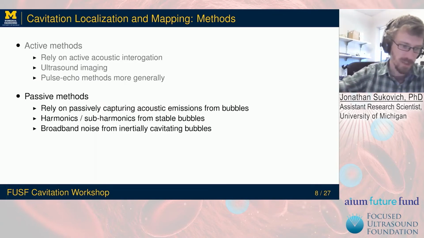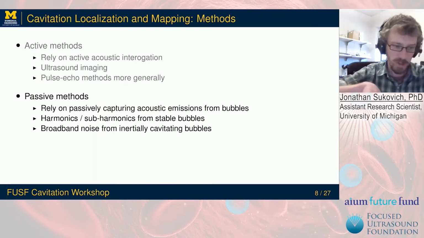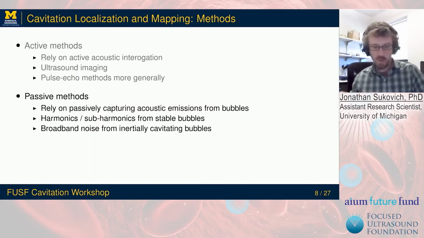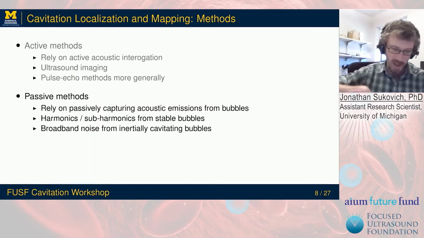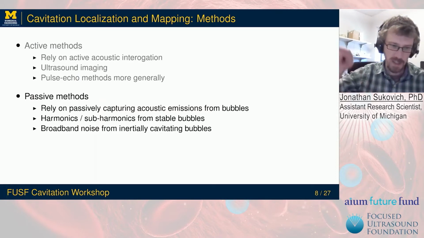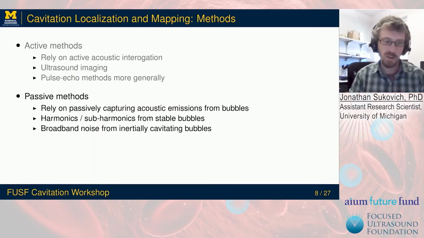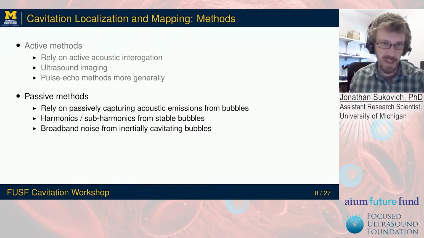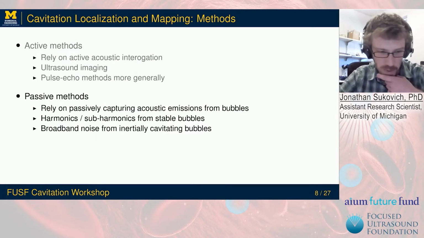A final issue, especially for long pulse duration treatments where the imager is aligned coaxially with the transducer, is that the histotripsy pulses themselves get picked up by the scanner and generate giant imaging artifacts that can really negatively impact your ability to localize the bubbles.